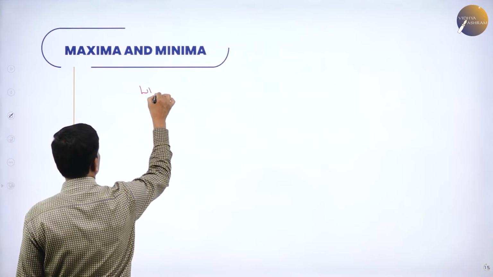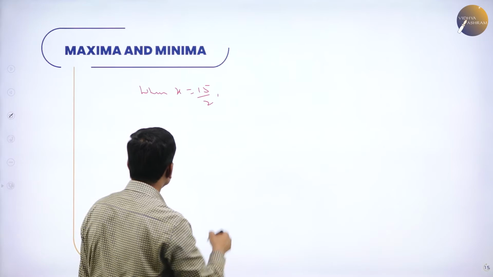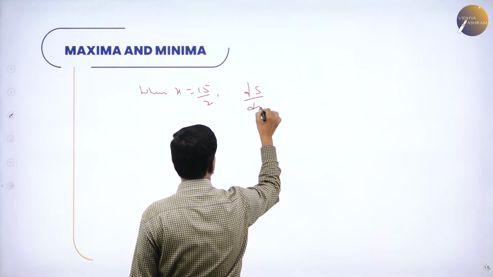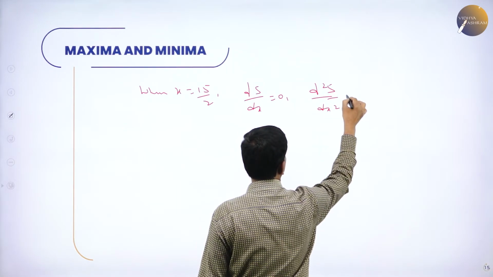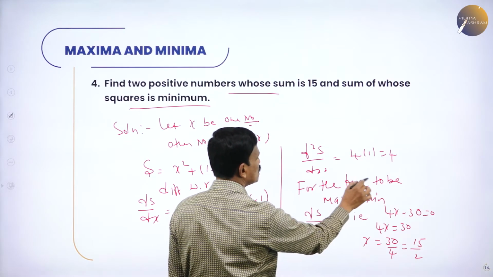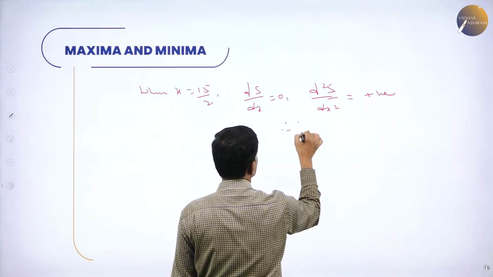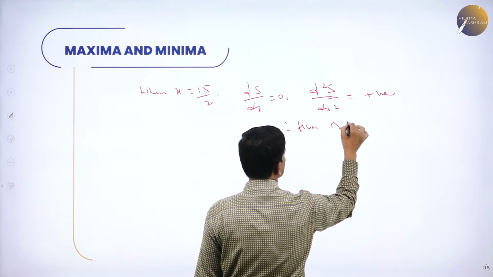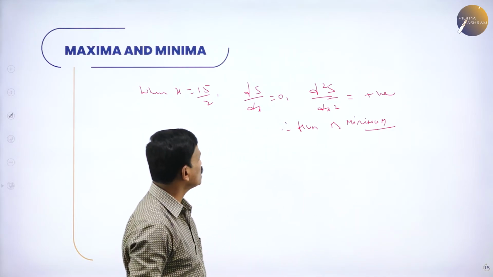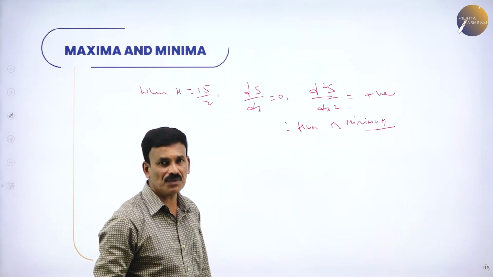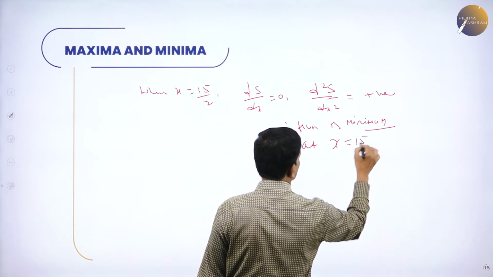When x is equal to 15 by 2, by the first and second derivative test, ds by dx is equal to 0 whereas d square s by dx square is positive. Therefore the function is minimum at x is equal to 15 by 2.